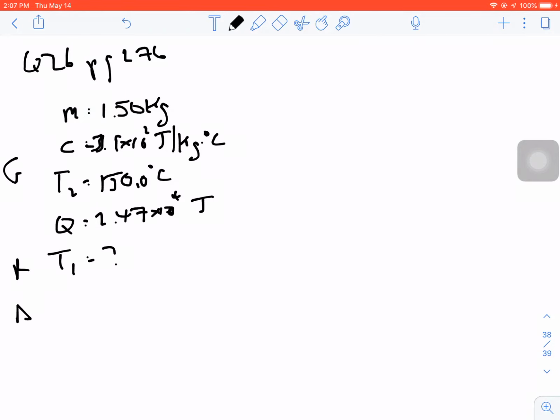My approach now, I'm going to use the one formula we have, Q equals mc delta T, and I'm going to put my numbers in. I could rearrange the equation to solve for delta T, but I'm going to just put the numbers in. The Q value tells me it was heated from an initial temperature to a final temperature, so I know the Q is positive. Again, sometimes that's not made very clear in the question. So Q is plus 2.47 times 10 to the 4.